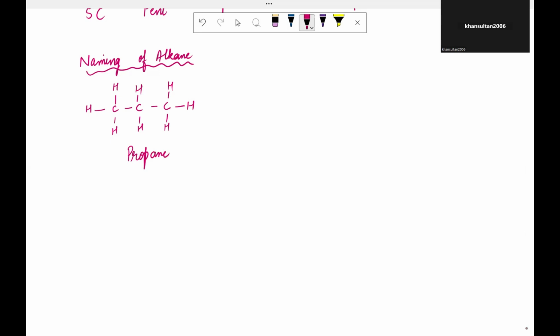Now let's move further, and now we are having three carbons, and there is a double bond that is going to be present here. There will be three hydrogen as carbon has already made one bond here. So there will be two hydrogens here. No, it should be one hydrogen because there is a double bond next to it.